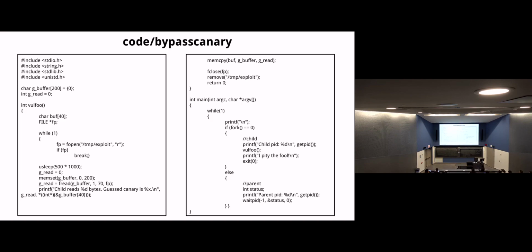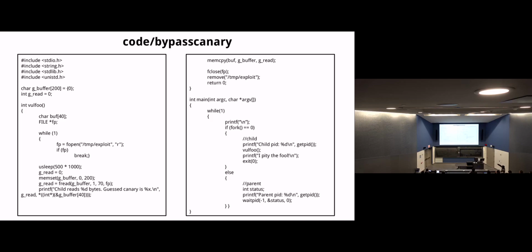It will copy whatever is in that 200 bytes to the local variable buffer. So now we're back to our traditional buffer overflow problem here. The difference is this program is protected by stack canary. After that, the child will close the file descriptor, remove that temp file, and return 0.